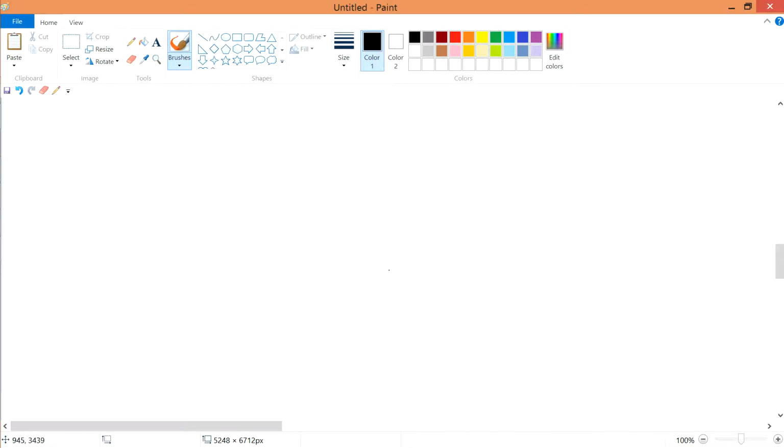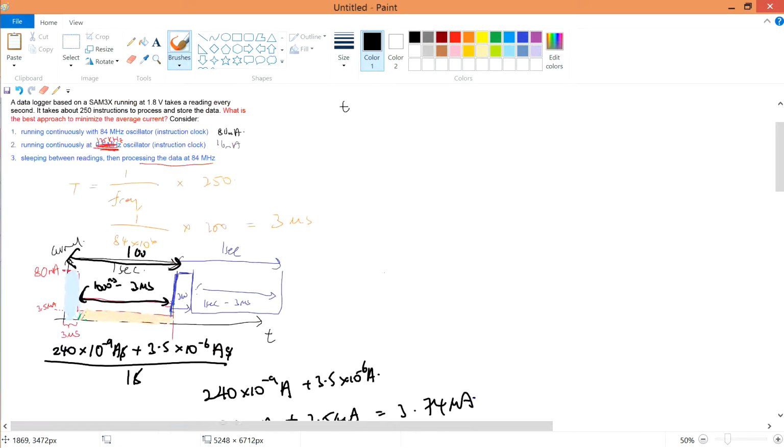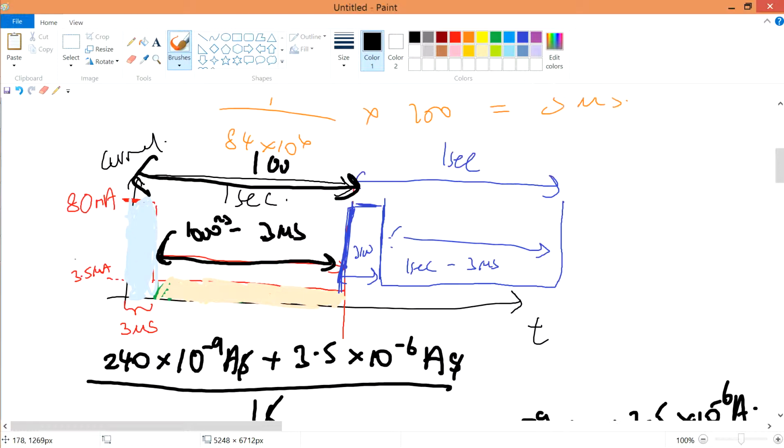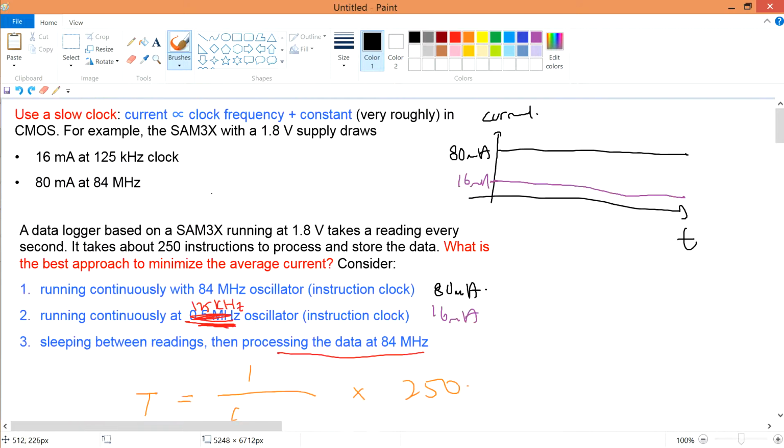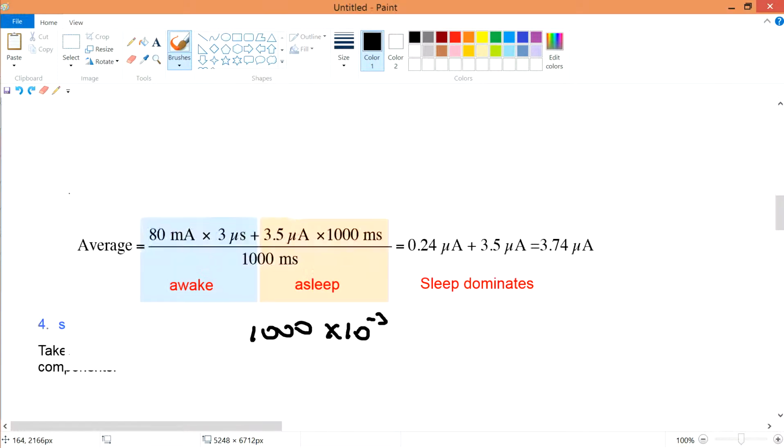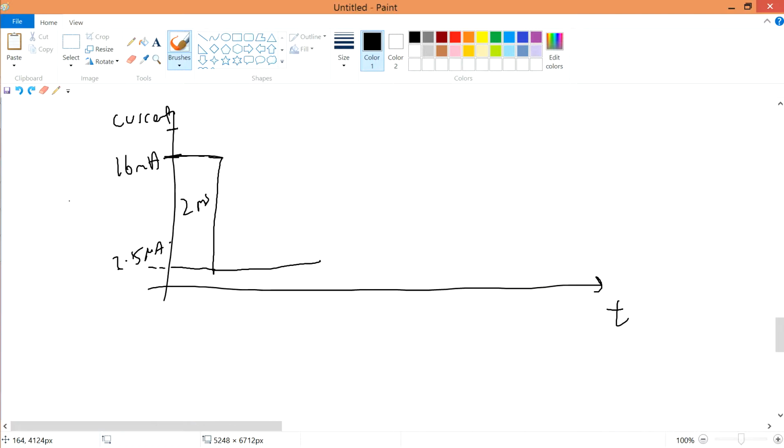If you compare with our previous graph, same thing, we have 3.5 microampere over here. This is the 80 milliampere from our clock current, not average anyway. But anyway, this is how we draw. And over here this is up to here.